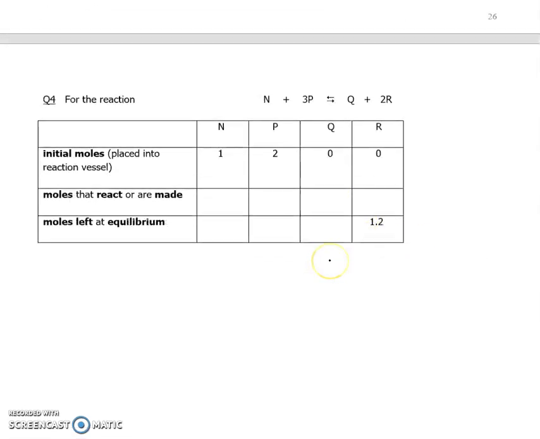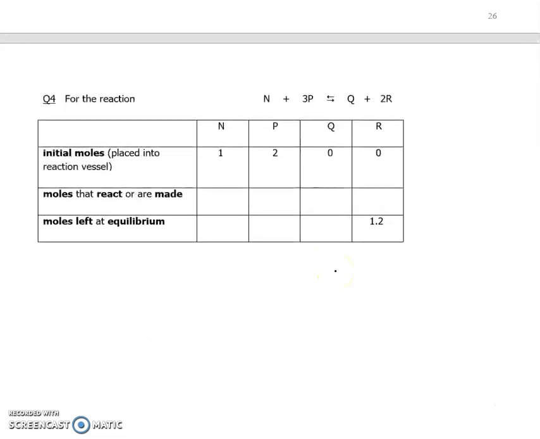So that's another question here. Okay, you've got N plus 3P in equilibrium with Q and 2R.